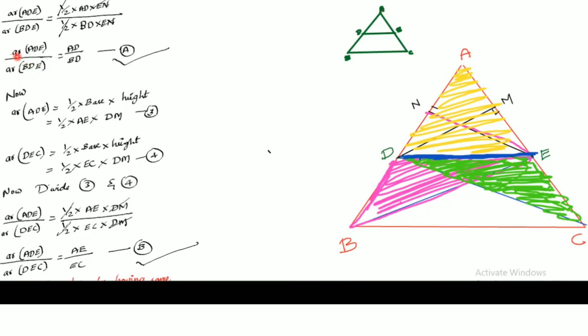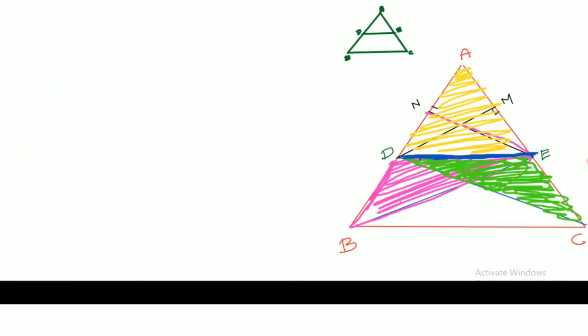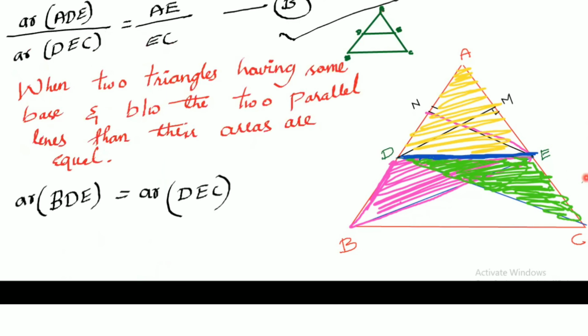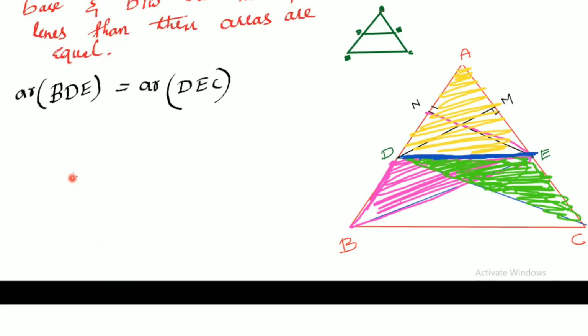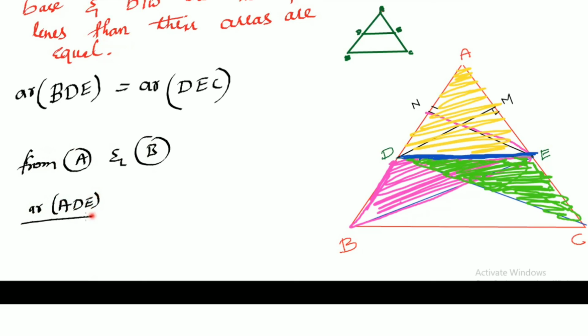So let me write this as it is. From A and B, we have area of ADE by area of BDE is equal to AD by DB.